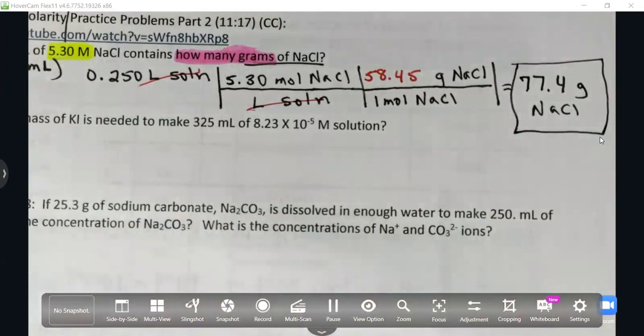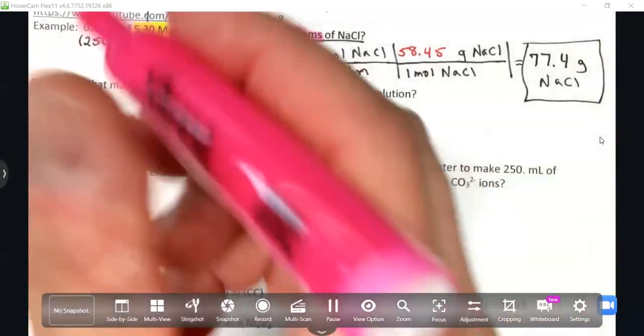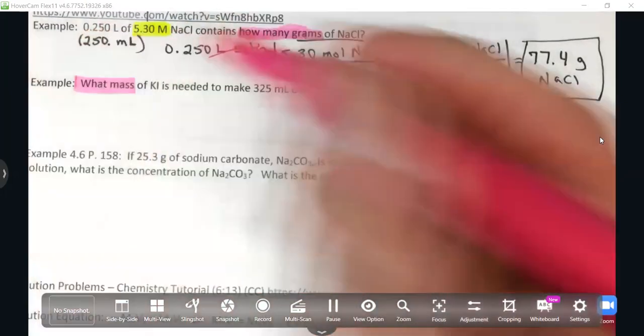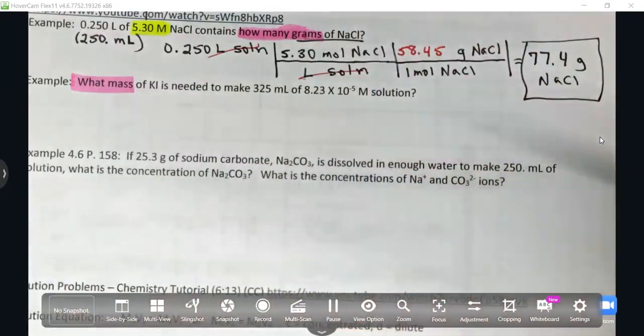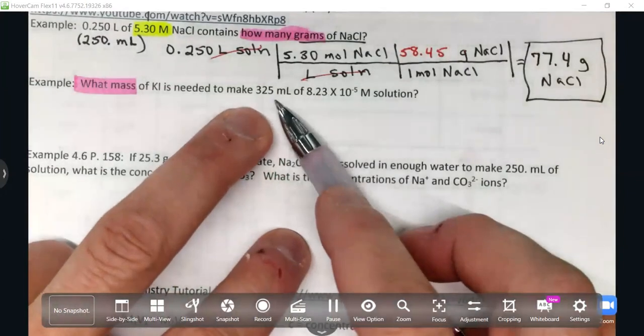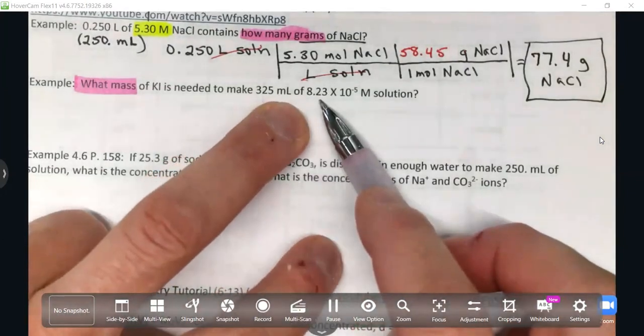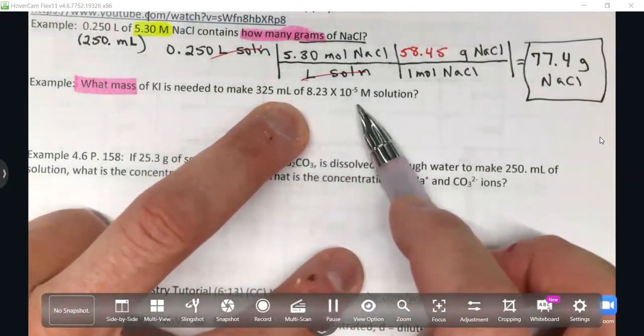The next example is basically the same solution technique. So in the next example, what mass? We're going to be looking for grams of KI that we have to dissolve to make 325 milliliters of 8.23 times 10 to the minus 5 molar solution.